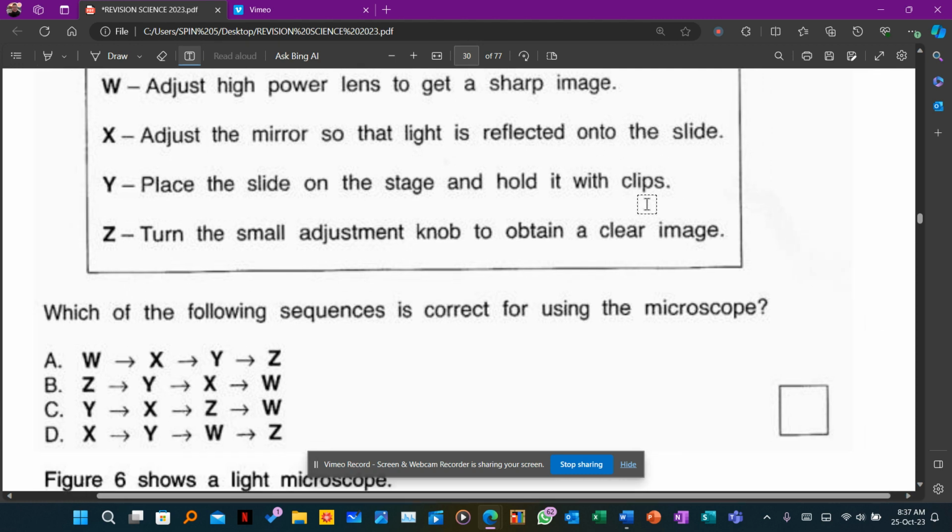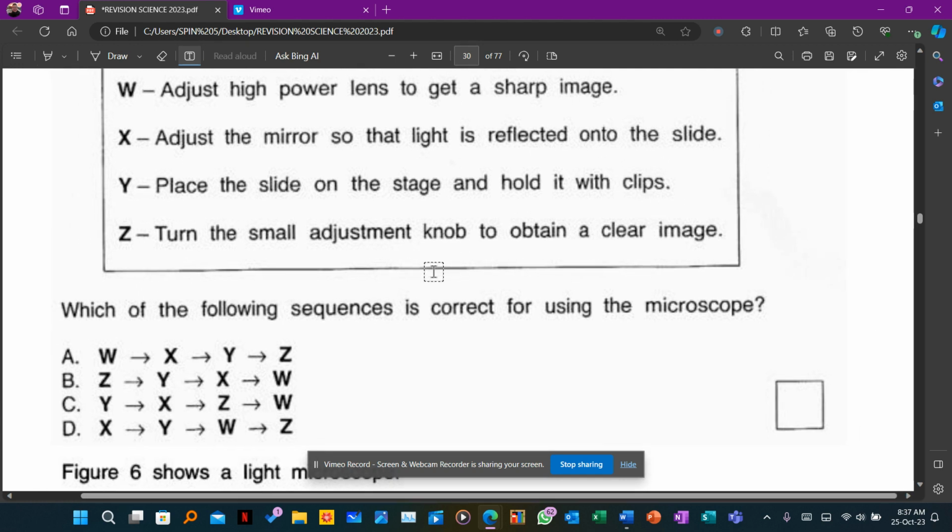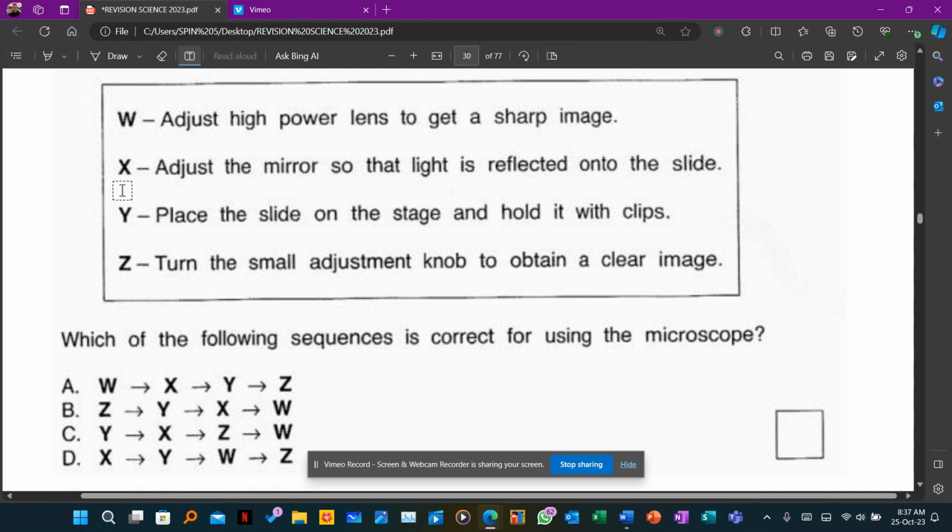In general, they don't really ask this type of question a lot, but please take note that when you want to do observation of microorganism or anything on the slide, first of all, you need to adjust the light source. In this case, you adjust the mirror. It can also be light that is embedded into the microscope. You just have to turn on the power. After that, once you adjust the mirror, you then place the slide on the stage.